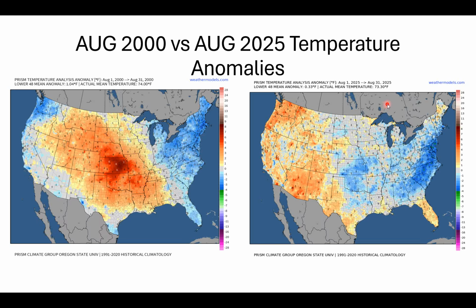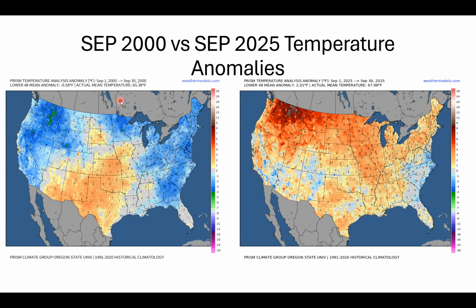Now, for August of 2025, a little bit different, right? We see above normal temperature anomalies across the Pacific Northwest. We also do not see in August of 2025 the warmer than normal temperature anomalies there in Kansas, but we do generally see the similar trend on the eastern seaboard for below normal temperature anomalies there in August of 2025 here on the right versus August of 2000.